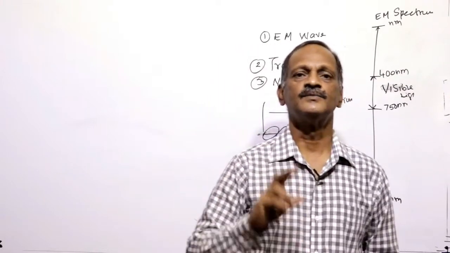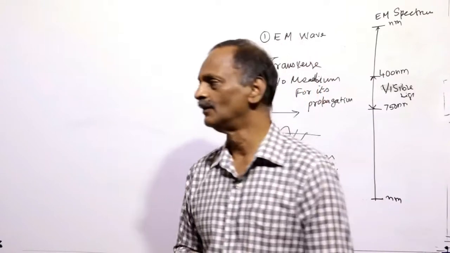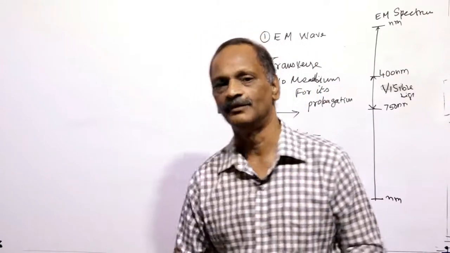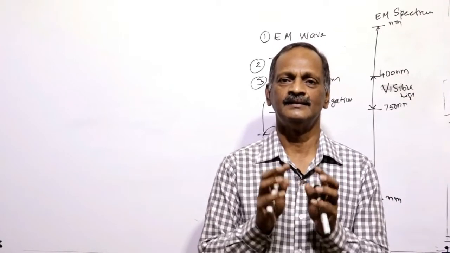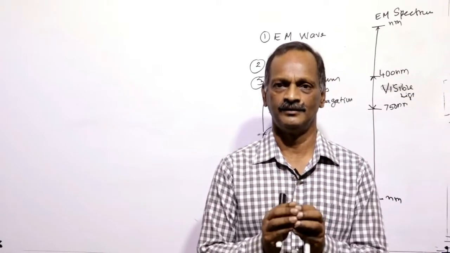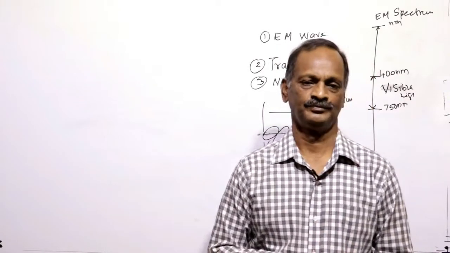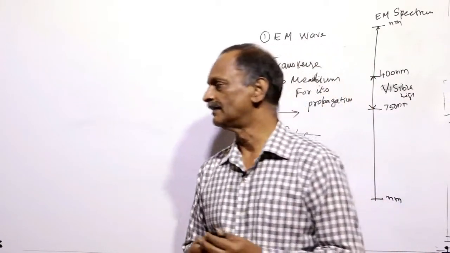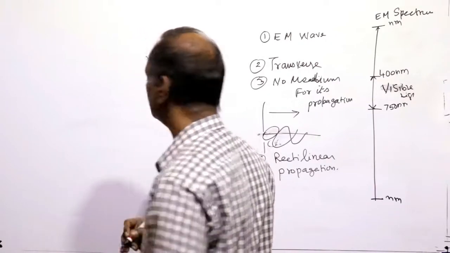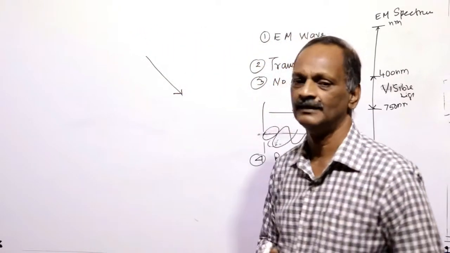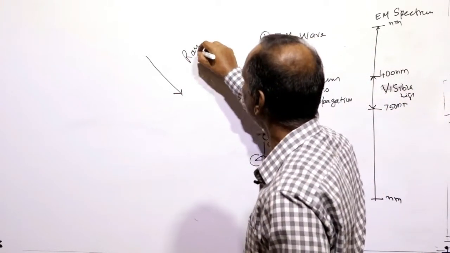And light consists of photons of energy. What do you mean by photon? Photon means energy that exists in the form of packets and not as continuous. We will be studying photons in detail in modern physics. The path of the light, suppose a light ray is coming like this, is called a ray.